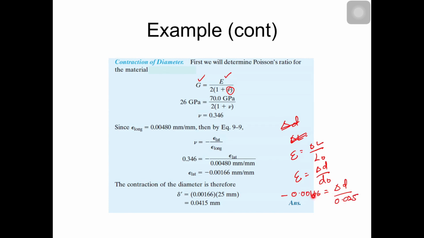You multiply these two and you get the value 0.0415. If this is in mm, this one should also be in mm.